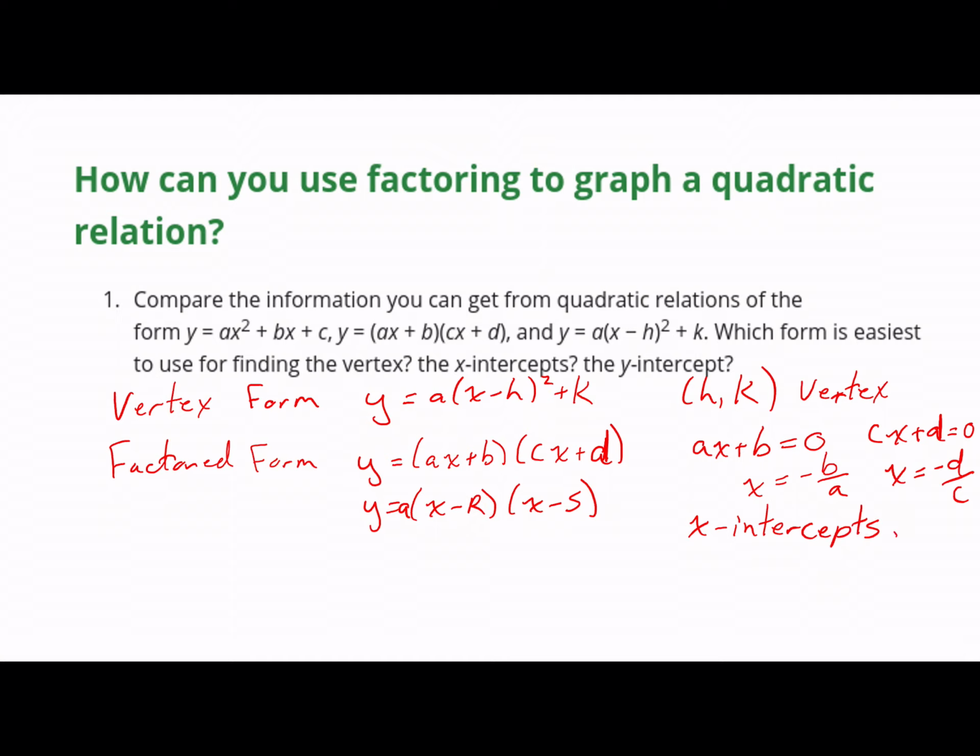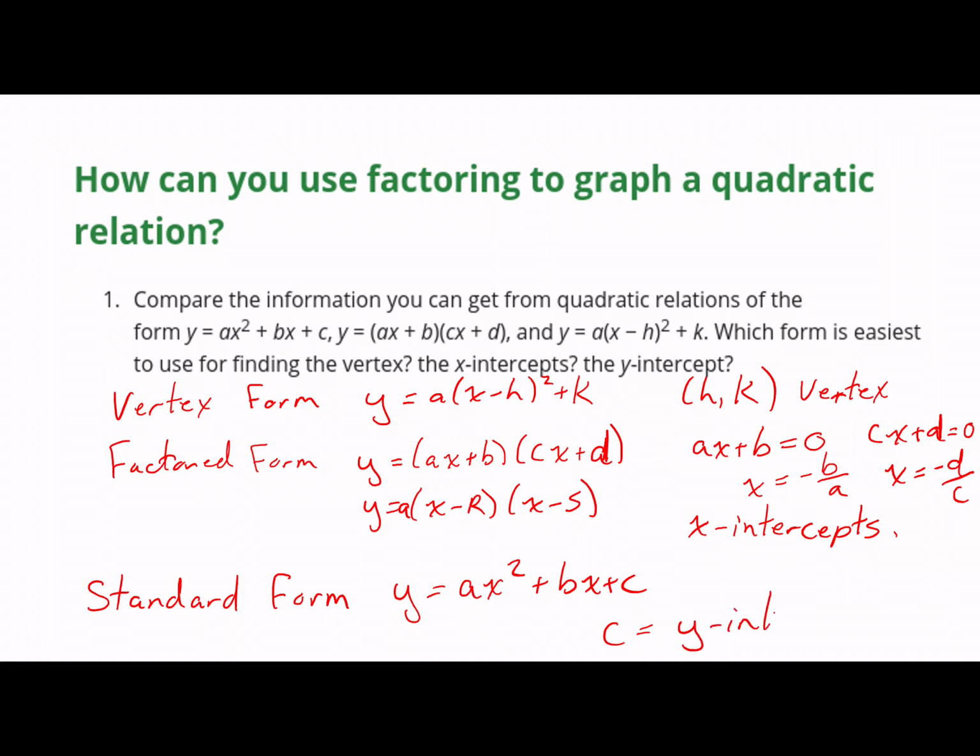And our y-intercept comes from our standard form. y equals ax squared plus bx plus c, where c equals the y-intercept.